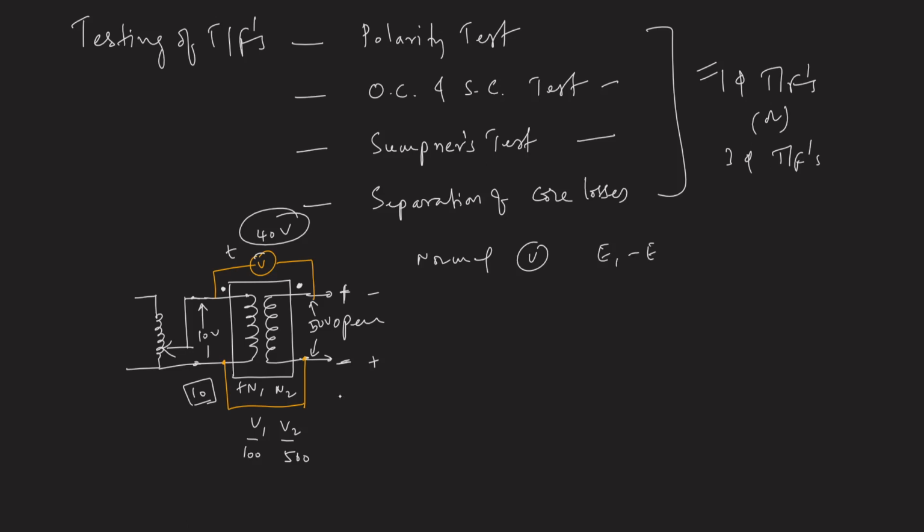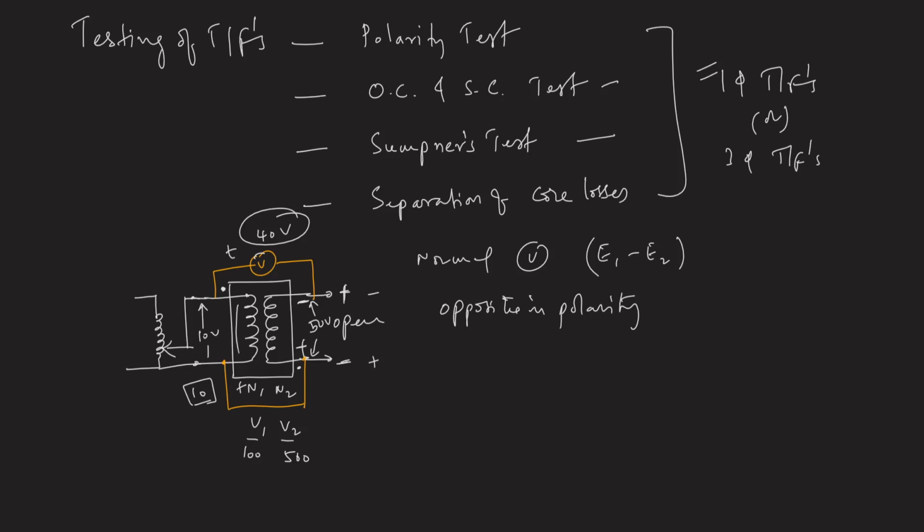In normal operation the voltmeter reads the difference of E1 and E2. If it is opposite in polarity, that means this is negative and this is positive, and the dot convention is not here but somewhere here. Under that condition the voltmeter reads the phasor sum.